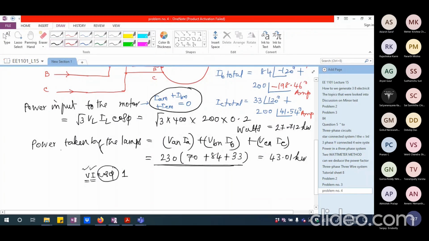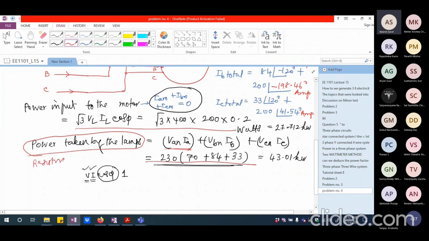That's why I said power taken by the lamps alone. I have not taken this 200 ampere into consideration at all here. So I calculated this separately and I calculated this separately. This is only resistive, whereas this is motor.